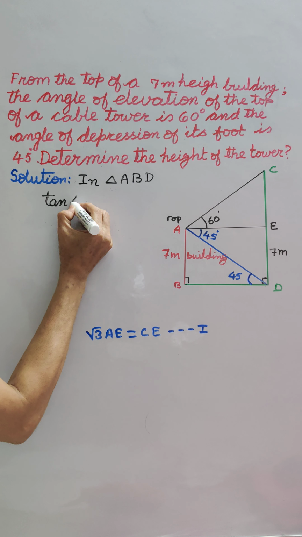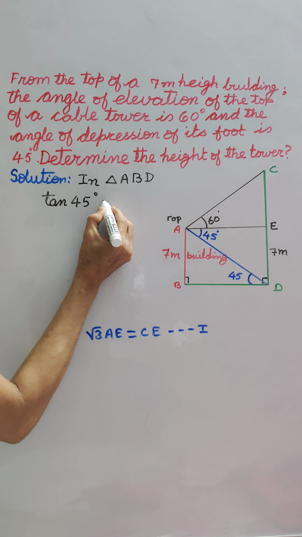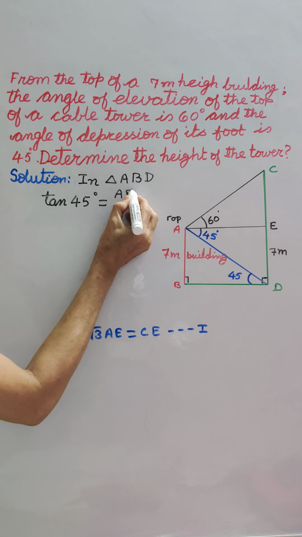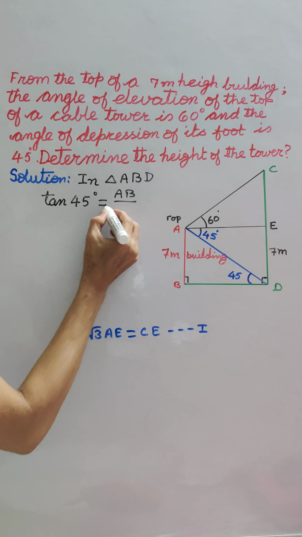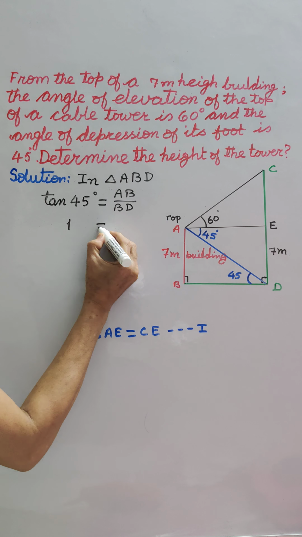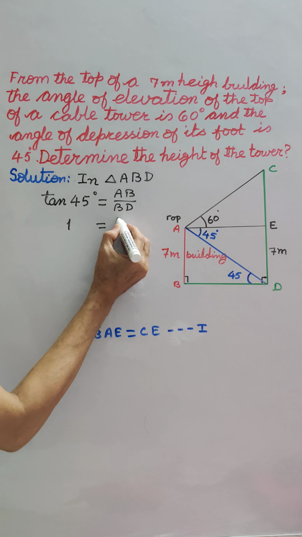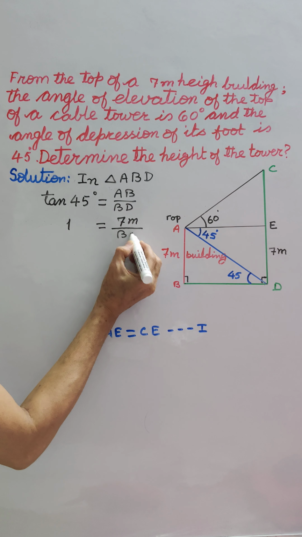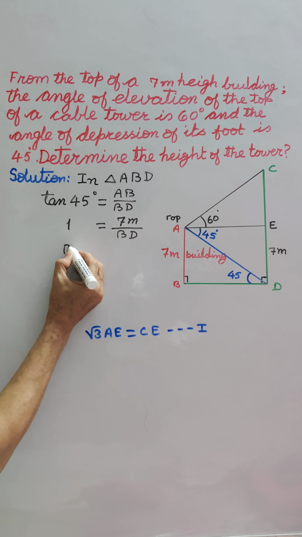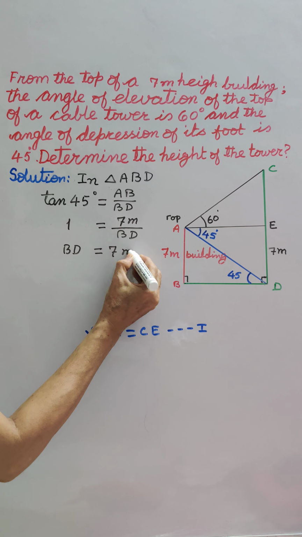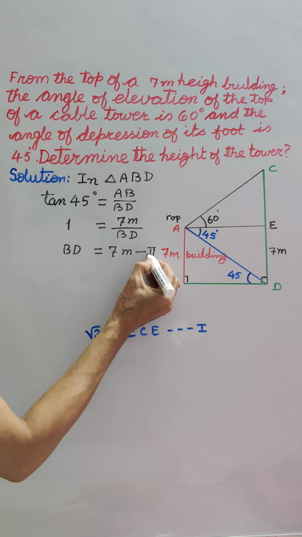This angle is 45 degrees, so tan 45 degrees is equal to perpendicular upon base, AB upon BD. The value of tan 45 degrees is 1. So 1 is equal to AB upon BD, where the value of AB is 7 meters. So BD is equal to 7 meters. This is our second equation.